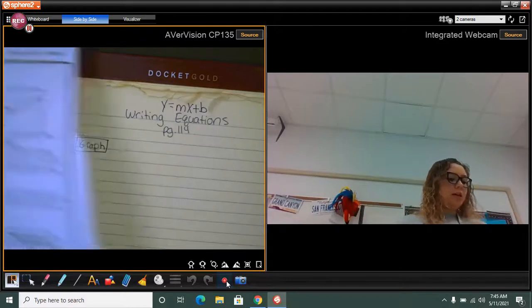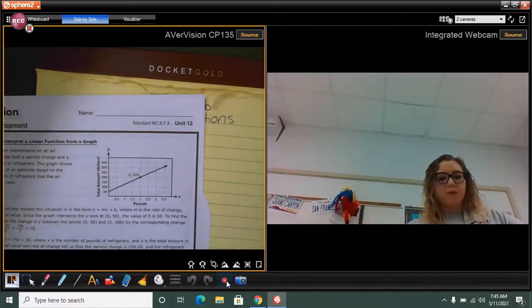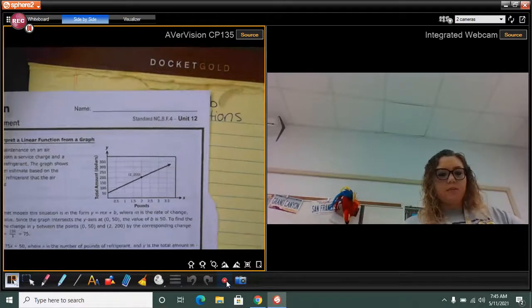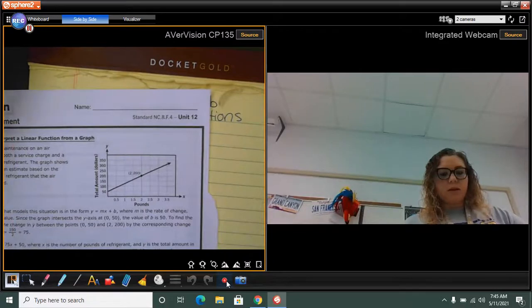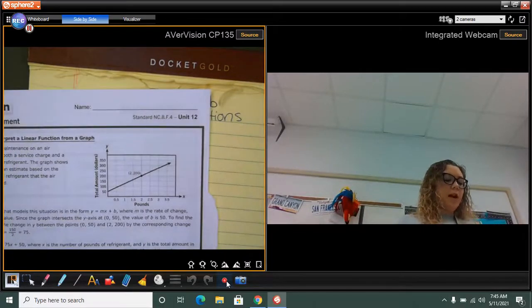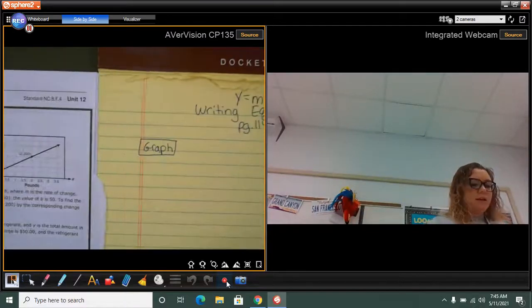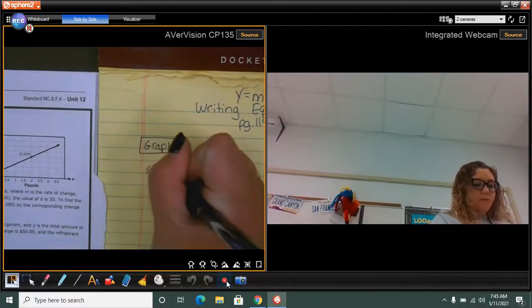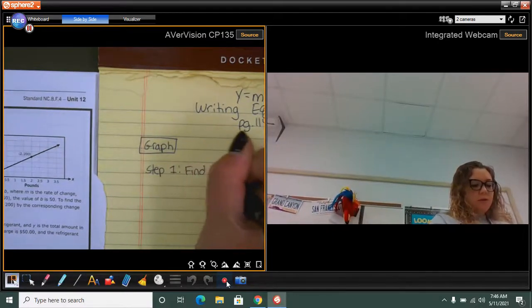So if we look here on page 114, see if I can zoom in. Okay, the first thing we need to find is our y-intercept. Where does it cross the y-axis? So step 1, find b.